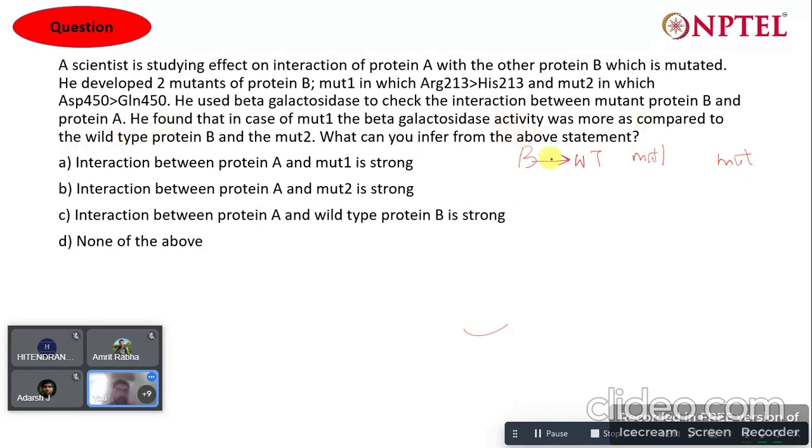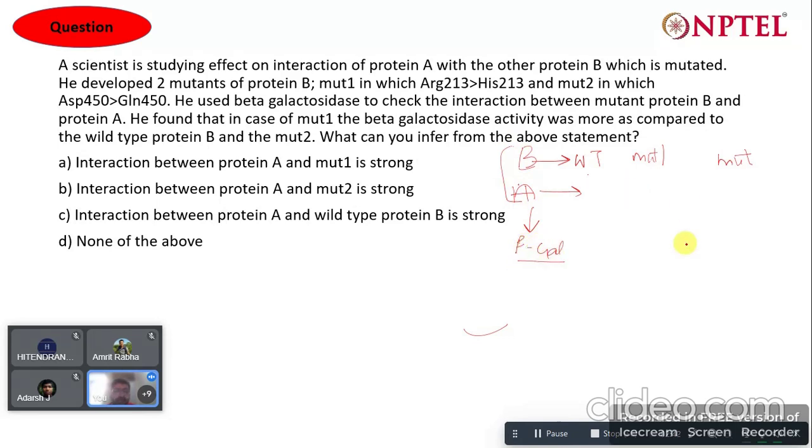Okay, so what the scientist did was, he did a yeast two-hybrid assay to check the interaction of these three protein B variants with protein A. So now he put protein A with this, and to check the interaction between these two, he used a reporter gene, that is beta galactosidase.